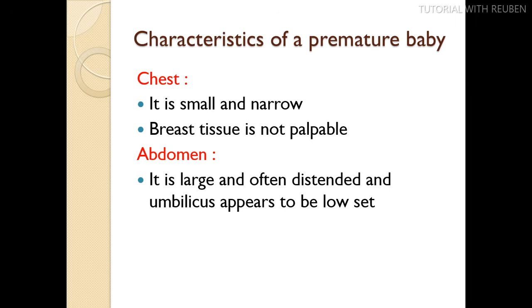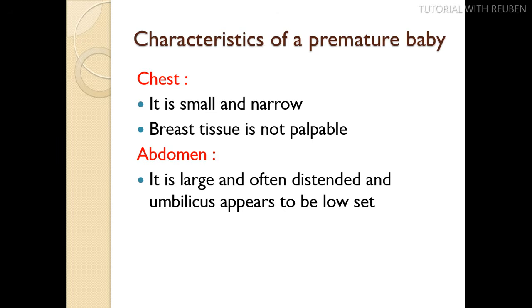Therefore, the breast tissue is not palpable. And then when you inspect the chest, you're going to notice that there is poor breathing pattern. This is due to insufficient lung surfactant in this baby. Remember, the lungs are not fully developed. This is why the baby has poor breathing pattern.